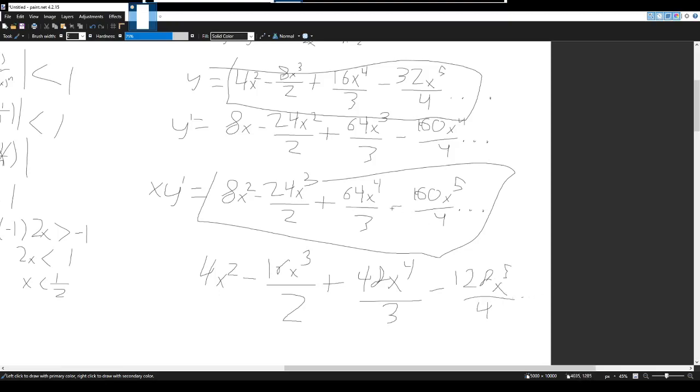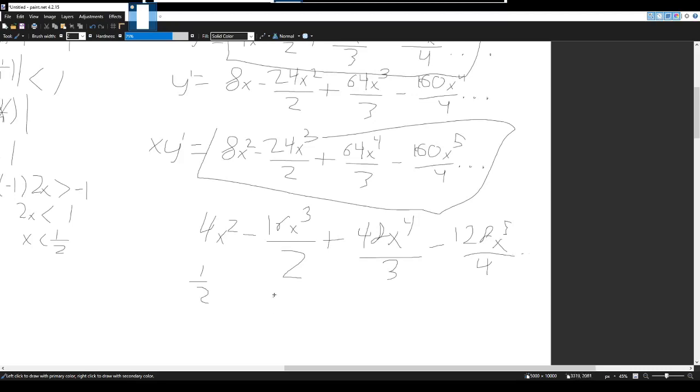Okay, so there's a pattern here, right? Because to get these numbers originally, we multiplied this number by that, this number by that, this number by that, this number by that. Okay, so really, what's the relationship between 8 and 4, right? That's half, right? 1 over 2. What's the relationship between 24 and 16? Well, 24 and 8, that's 1 over 3. So when you subtract the 1/3, that became 16, right? So you can write this as 2/3 of this, right?